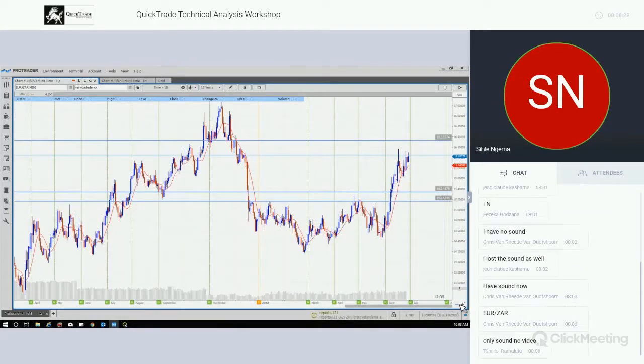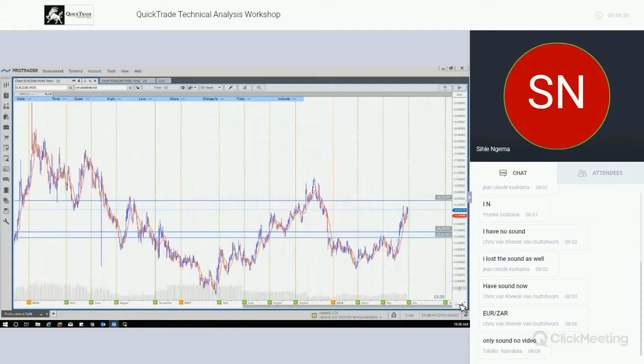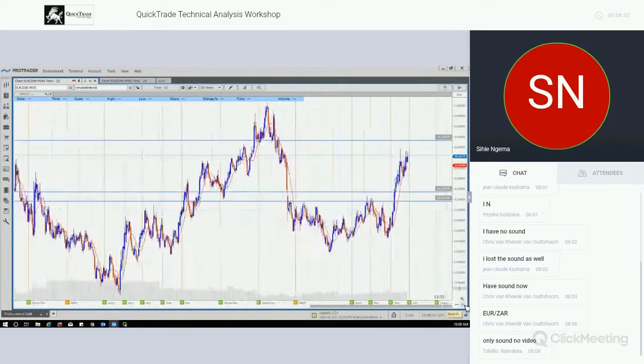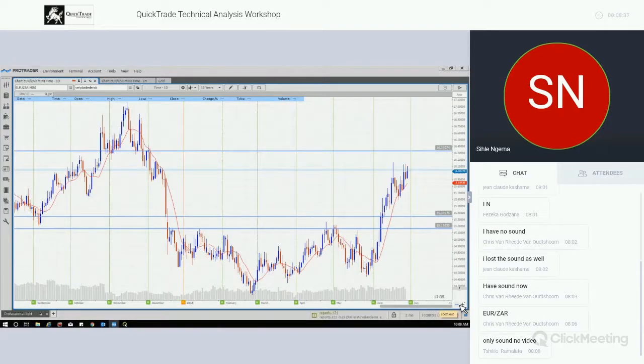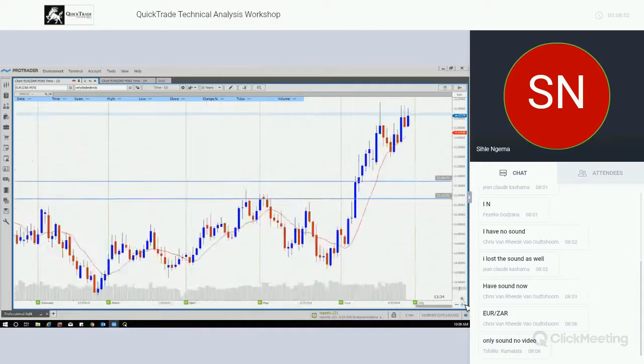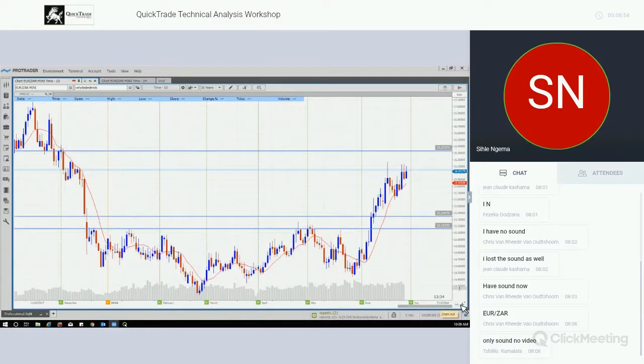Chris, I'm not going to mark too many areas on the Eurozar, but the area where I think is going to pose us a bit of a challenge is that area around 1633, 1640. We could even maybe try 17 bucks on the Eurozar, but at the moment it looks like the first area of resistance that we have ahead of us is 1633.